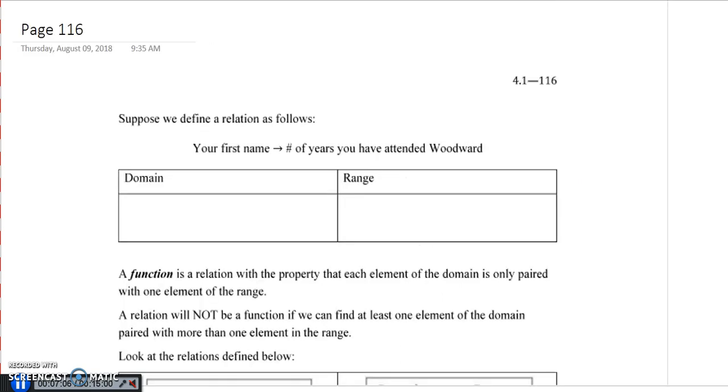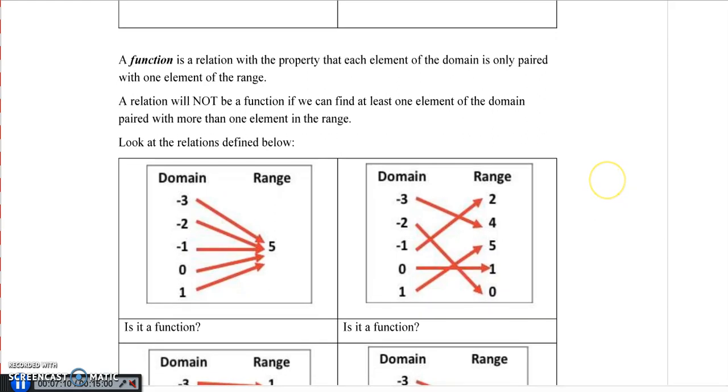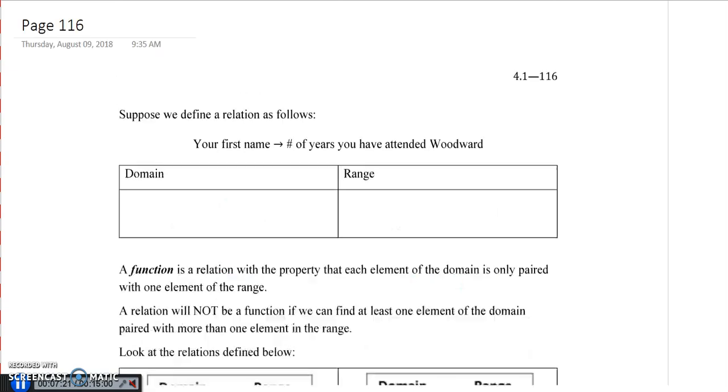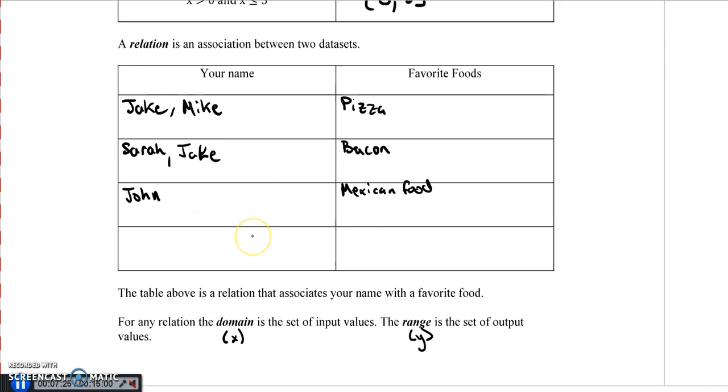So now on page 116, we can look at this more. So a function is a relation where each element in the domain, so each thing in the domain, is paired with only one element in the range. So let's flip back real quick, look at our food example again. Is this a function? Well, if we look at it, Jake likes pizza, Mike likes pizza. Okay, that's okay so far. Sarah likes bacon, but Jake also likes bacon.